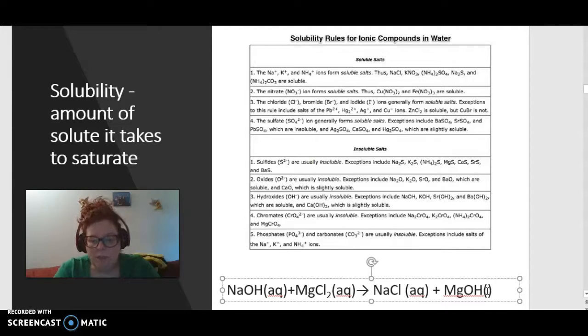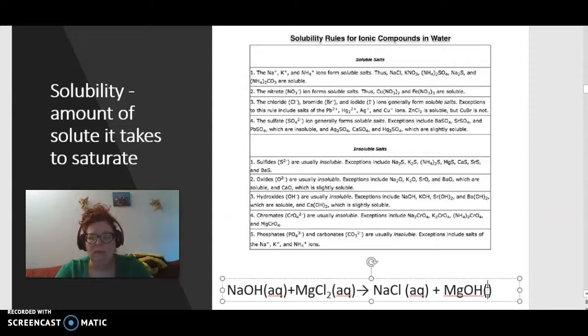Number 2 doesn't apply. Hydroxides are usually insoluble. Exceptions include NaOH, KOH, strontium hydroxide, barium hydroxide, which are soluble, and calcium hydroxide, which is slightly insoluble.